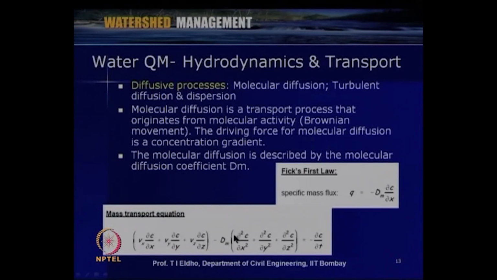This governing equation we can also write in x, y, z directions. Unlike the hydrodynamic equations, the mass transport equation is only with respect to the variation in x, y, z directions as shown in this equation: Vx into del c by del x plus Vy into del c by del y plus Vz into del c by del z minus Dm into del square c by del x square plus del square c by del y square plus del square c by del z square is equal to minus del c by del t.